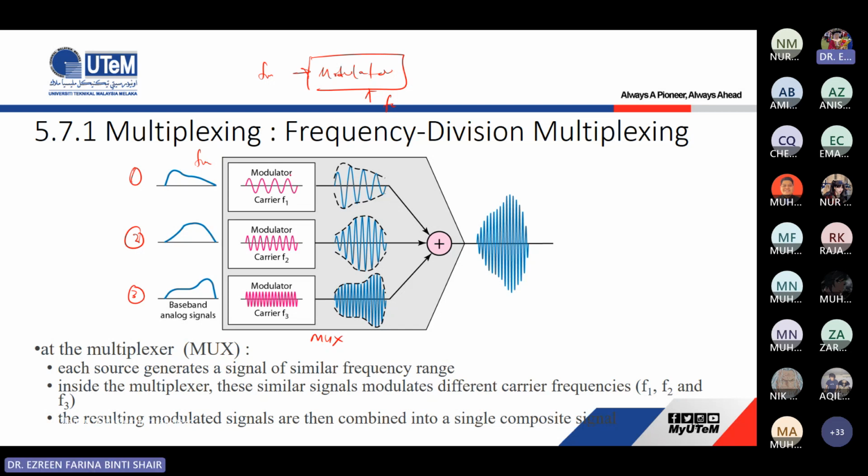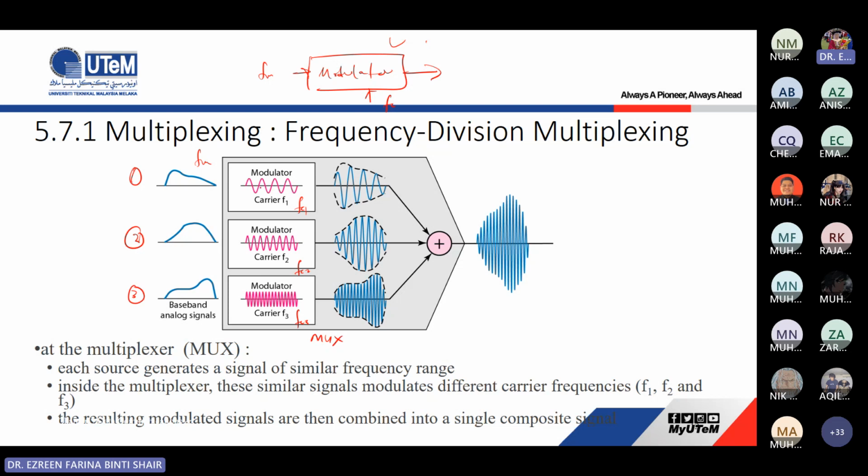Over here, we have three modulators, so we have FC1, FC2, and FC3. FC1 is F1; it's just that over here is the carrier F1, so I write FC1, FC2, and FC3 just so that you're aware that this is the carrier frequency, same as what you have learned in chapter 2 and 3. For frequency division multiplexing, the carrier frequency is different.